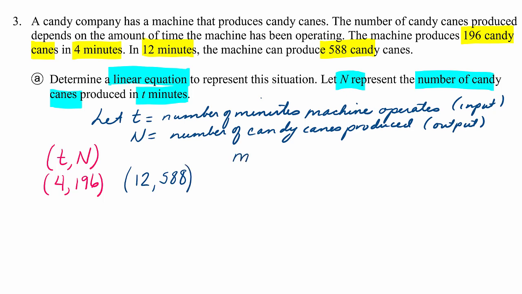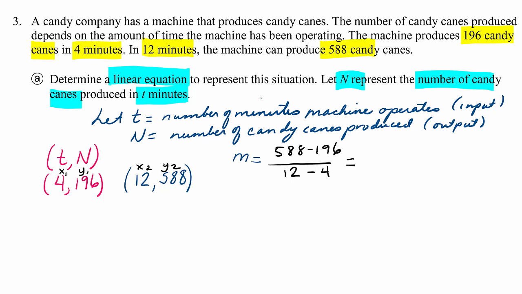So m equals, and again, we usually label these, and forgive me for labeling them with x's and y's when we're using t's and n's, but it's only because that's how we have learned our slope formula, right? So the difference of the y's, or the difference of the outputs, would be 588 minus 196, and the difference of the inputs, or those x's that I have labeled there, would be 12 minus 4.